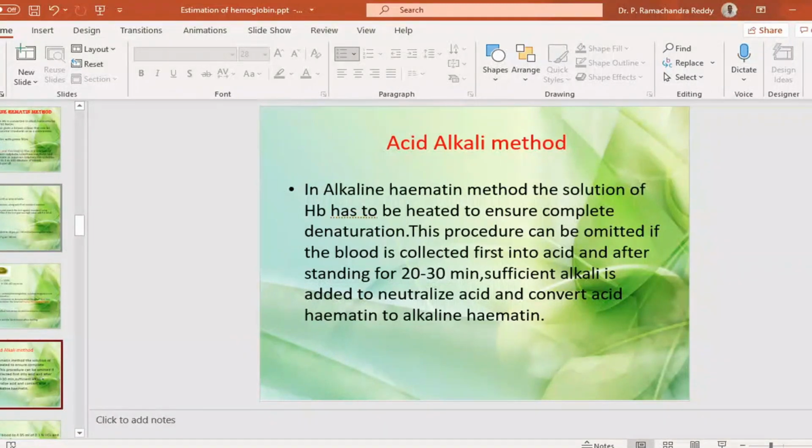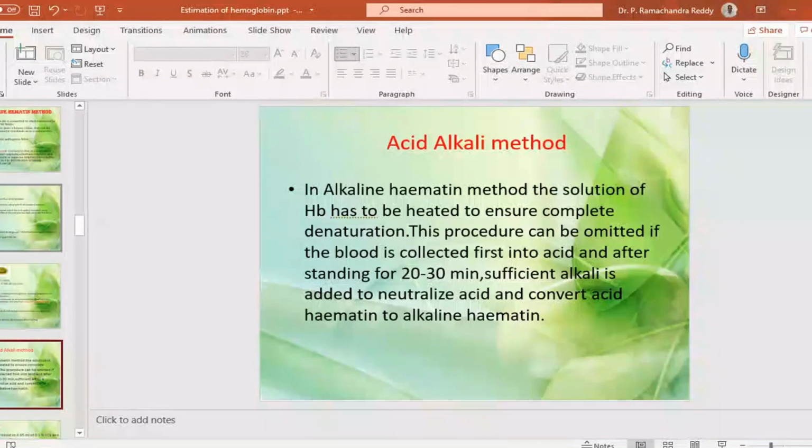You see, this is a mixed method, a combination of Sahli's method and alkaline hematin method. In the alkaline hematin method, we have to heat the sample; denaturation has to be done. But in the acid alkali method, we are going to omit this heating step.